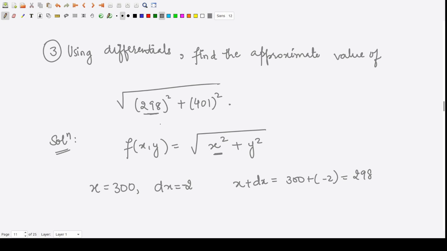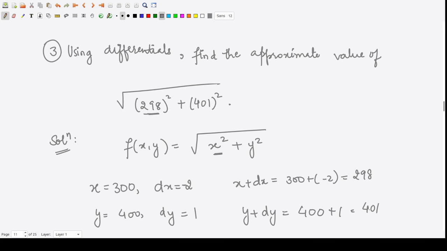In a similar manner, we can choose y to be 400 and dy to be equal to 1, so that y plus dy becomes 400 plus 1, so this becomes 401. Okay, so this is for the notation.